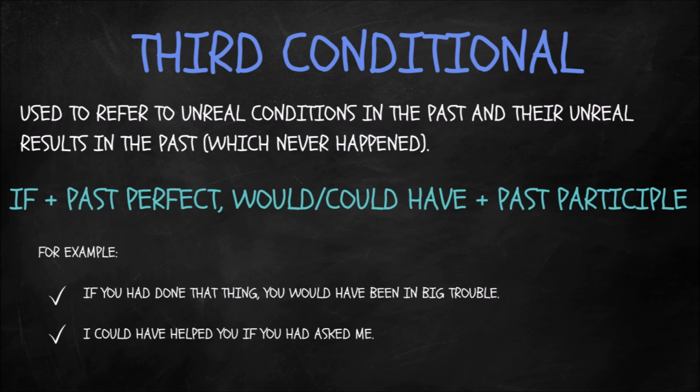And sometimes what people get confused with in conditionals in general, especially with the third conditional, is that we use contractions a lot. And so that can be a bit tricky to think about, is it had or is it would? So if we look at the first example, contracted, that would sound like, if you'd done that thing, you'd have been in big trouble.